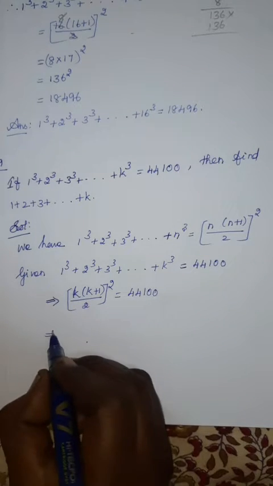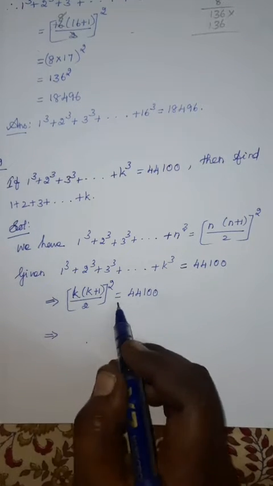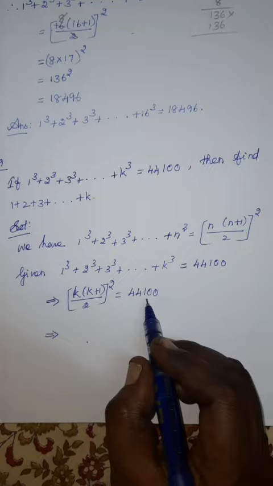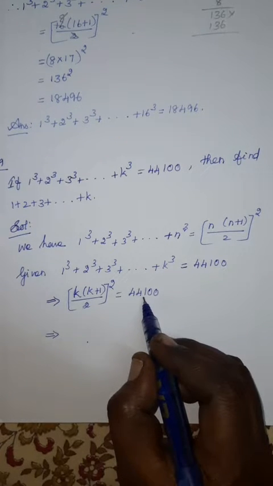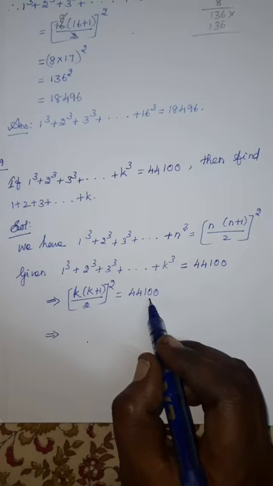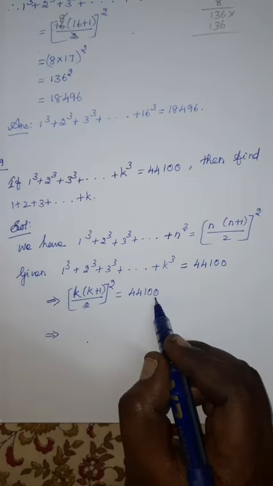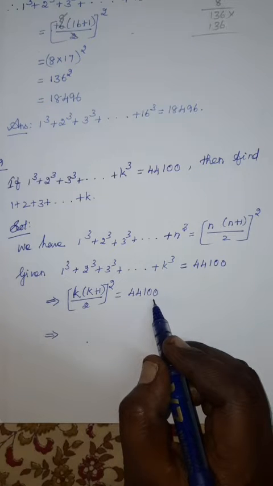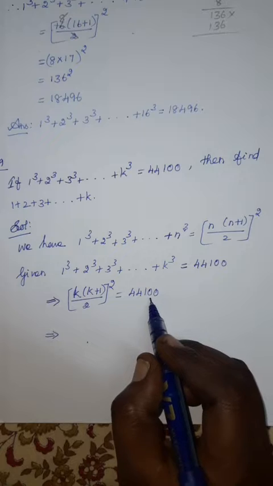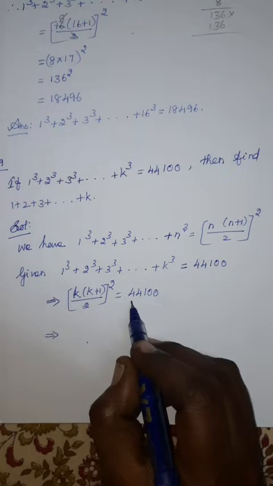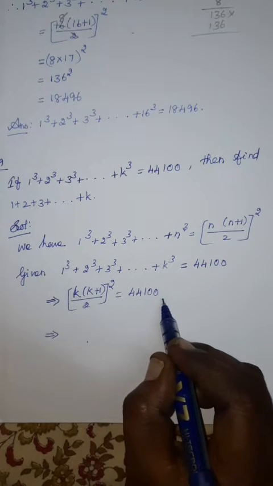Now we can write this in square form. 441 is the square of 21, then we have two zeros. That means 210 into 210 is the square value for 44,100.